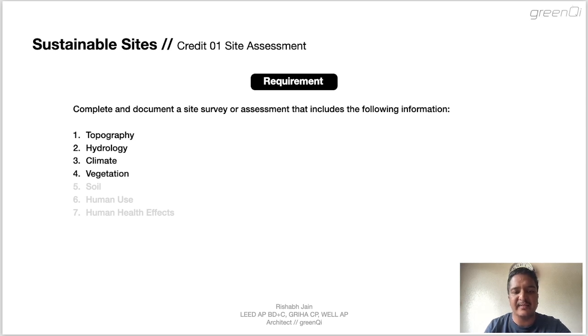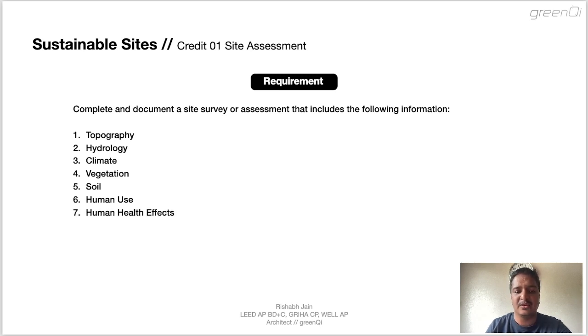Vegetation study, which covers primary vegetation types, greenfield area, significant tree mapping, threatened or endangered species, unique habitat, invasive plant species. Soil study, which checks the quality of soil. Human use study, which lays emphasis on views, adjacent transportation infrastructure, adjacent properties, construction material, and existing recycle and reuse potential.